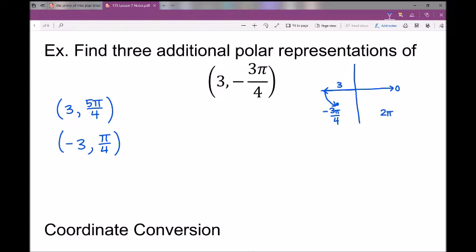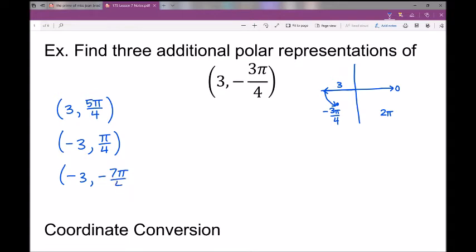To get another equivalent point with an r coordinate of negative 3, you could just add 2 pi to this pi over 4 or subtract 2 pi. In this case, I'm going to subtract 2 pi just so we can see what that ends up as.